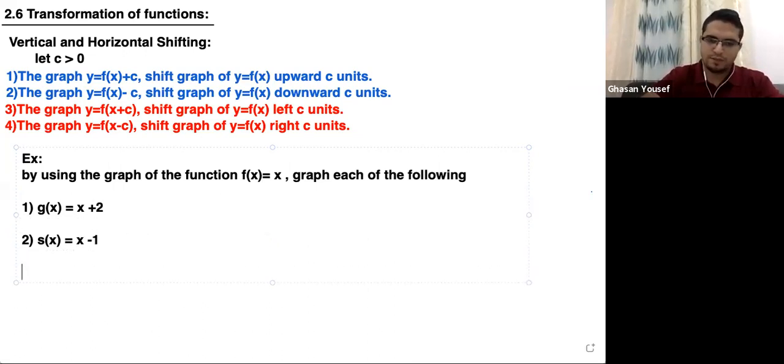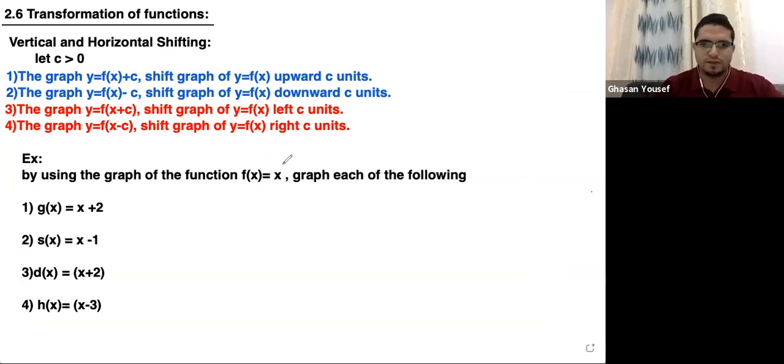Third one is number 3, d of x equals open parentheses x plus 2 squared. And the fourth one is h of x equals x minus 3 squared.